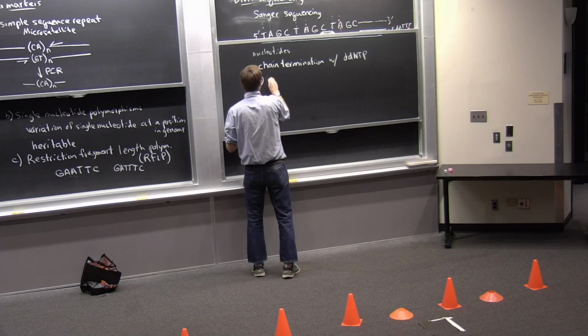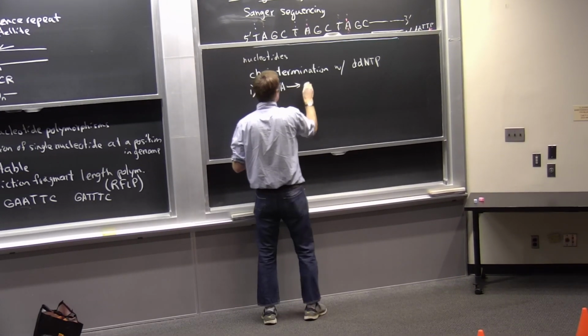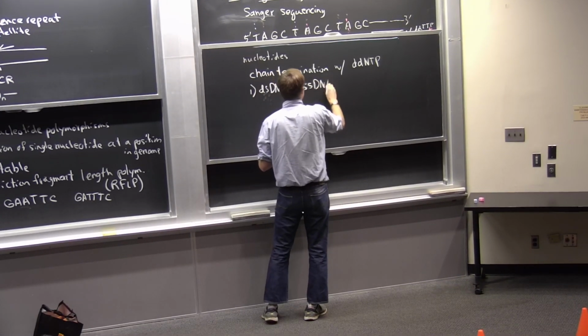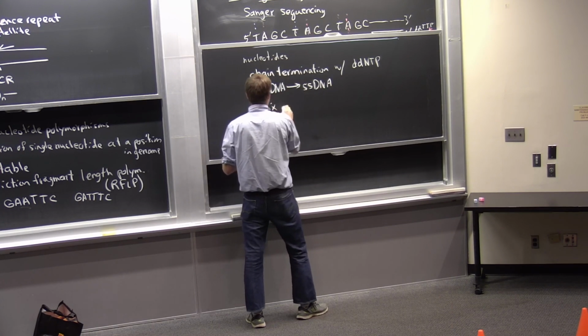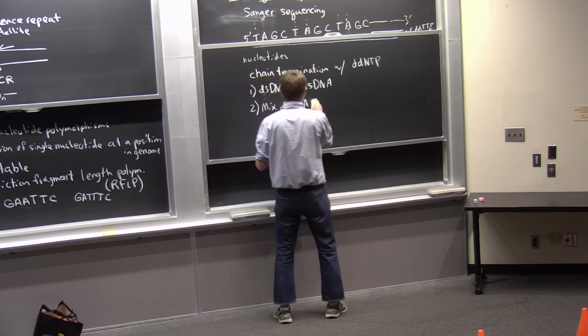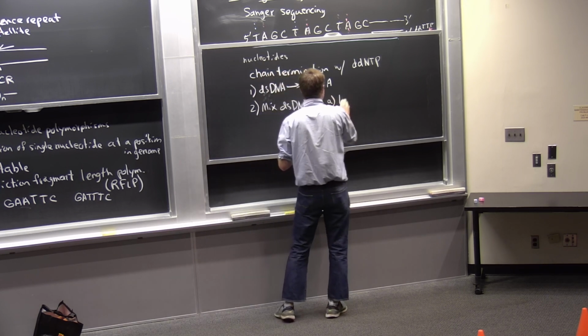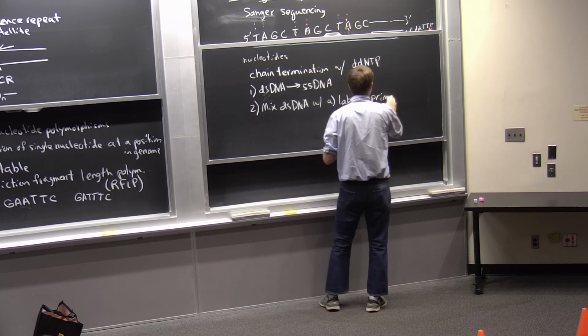So the first step is you have to denature your DNA. You have to go from double-stranded DNA to single-stranded DNA. And then you mix it with first this labeled primer, such that the primer can anneal to the single-stranded DNA.